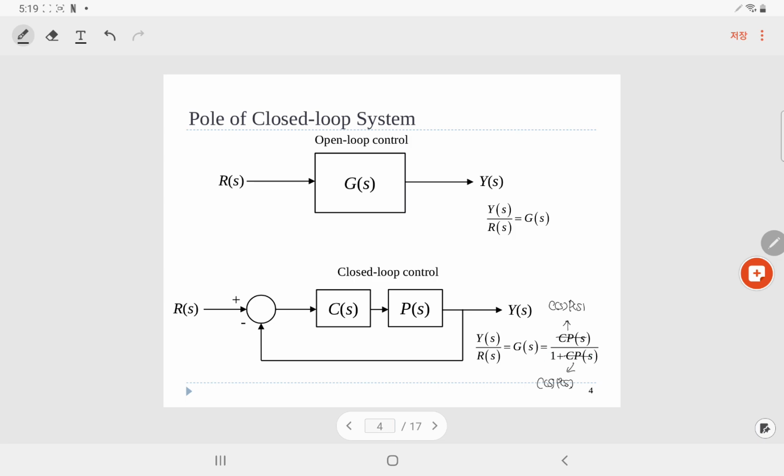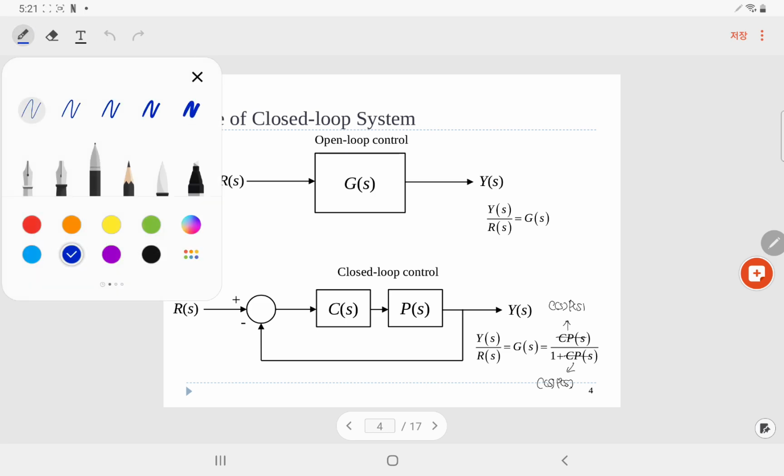Here G(s) denotes the closed loop transfer function, and hence from this relationship we can easily obtain the closed loop system poles. Anyway, if we derive the closed loop transfer function G(s), from this G(s) we can easily obtain the closed loop system poles.